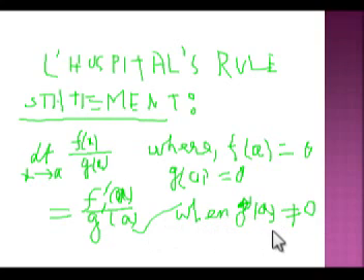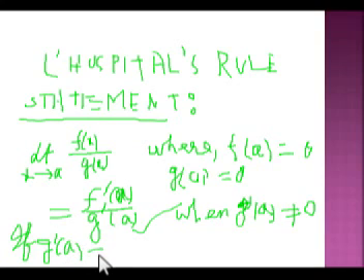And if it does not hold, then L'Hospital's rule can still be applied. If the first derivative of g(x) at the point a is equal to 0, then again we will take the limit, and this will be equal to the limit x tends to a of the first derivative of f(x) over the first derivative of g(x).